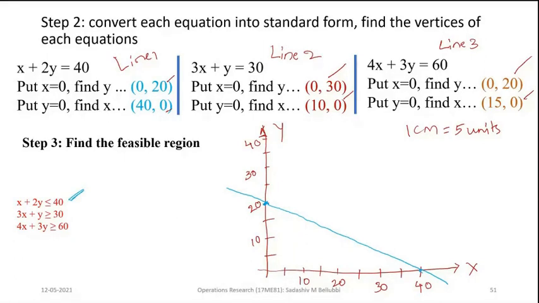Less than or equal to means the region should tend towards the origin. This is the main point.